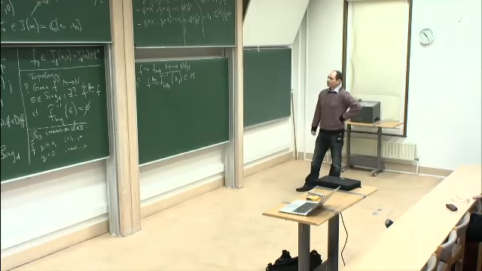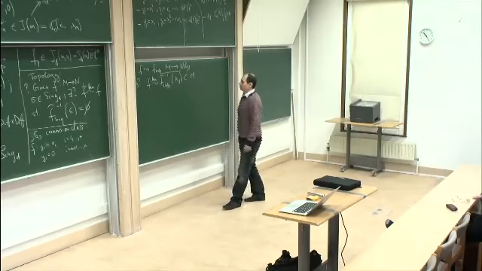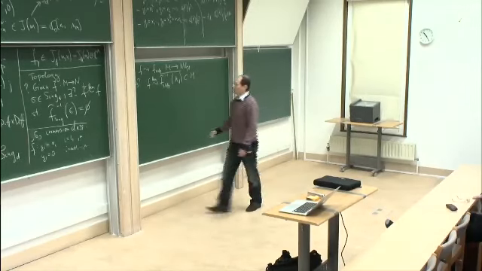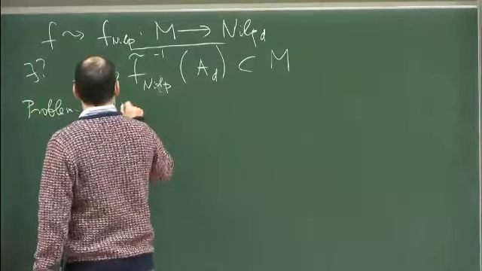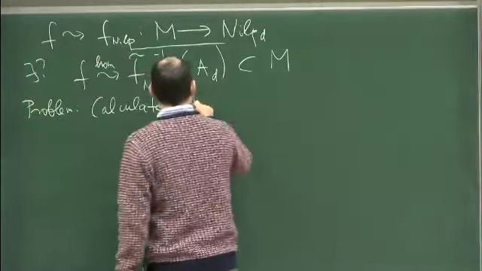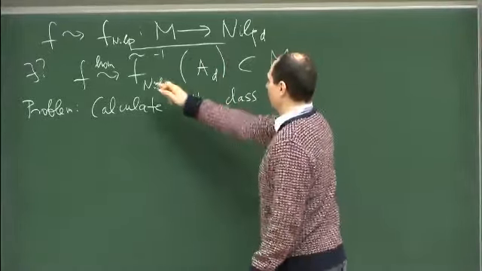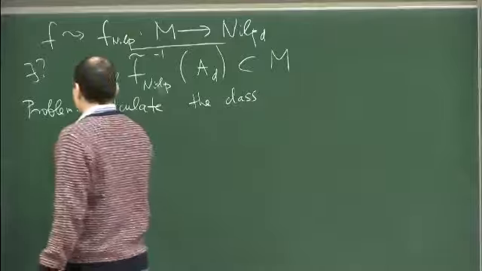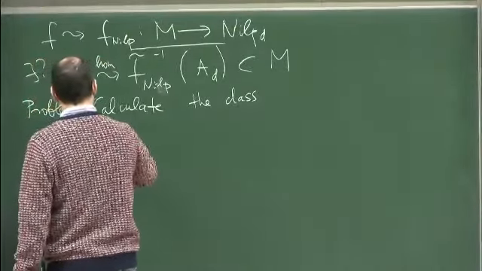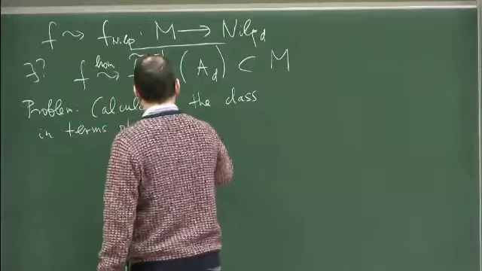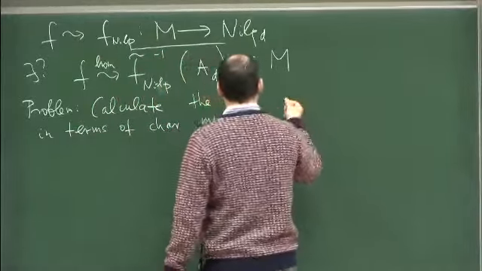This analytic subvariety has a class, and the problem is to calculate the class of this in M, in terms of characteristic classes or characteristic numbers of M and N.